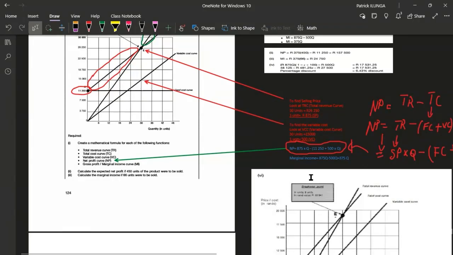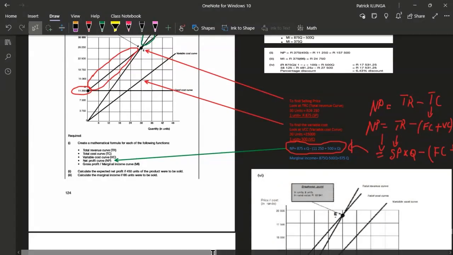Like in part II, it says calculate the expected net profit if 450 units. Then Q will be replaced by 450, and then you do the calculation.